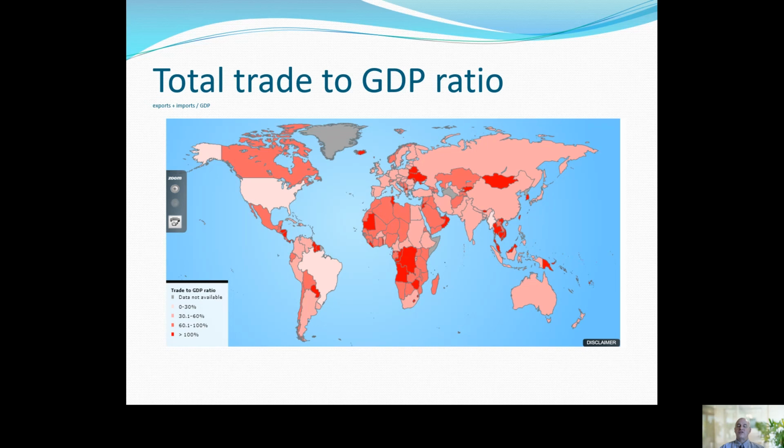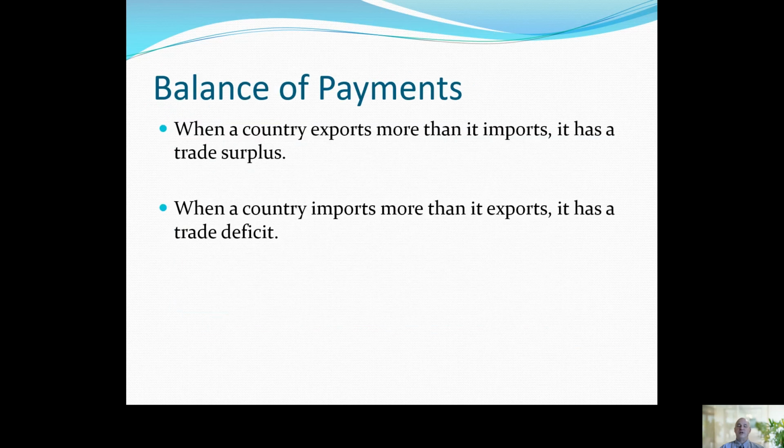The areas that are shaded in dark red are those areas in which trade is an extremely important part of their economy. It's a high percentage of their gross domestic product. So you'll notice parts of Africa, parts of Asia, South America, trade is an extremely important part of their economy.